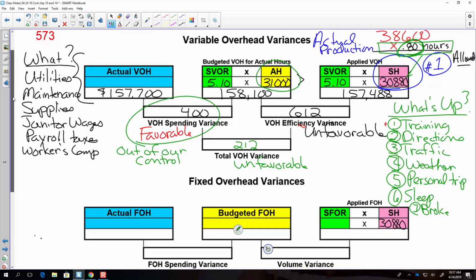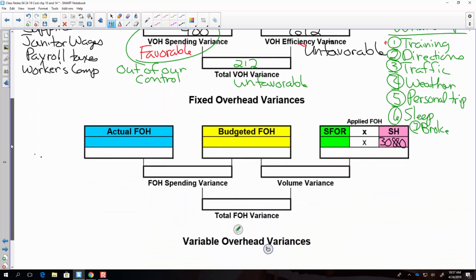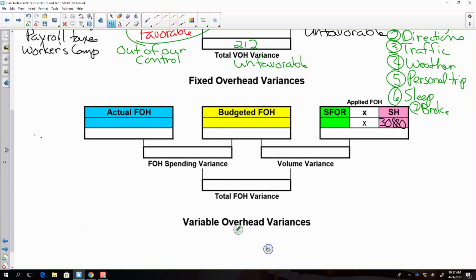All right, so let's go down to the fixed overhead, which is problem 57. What numbers do they give us there? The actual fixed overhead. Yeah. 403,400. Now we already mentioned that depreciation is here. Depreciation on what? Vehicles. Vehicles? Probably. What else?